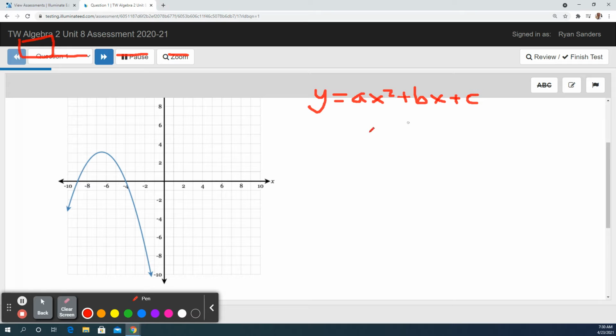In this format, though, it's going to be easier to build it using the zero product property, where it's going to be y equals some a, times x minus, I'll call it x1, times x minus some x2, where x1 and x2 are the zeros of this function, meaning it brings it to zero. In fact, let me just go ahead and make this a plus sign. It'll make more sense that way.